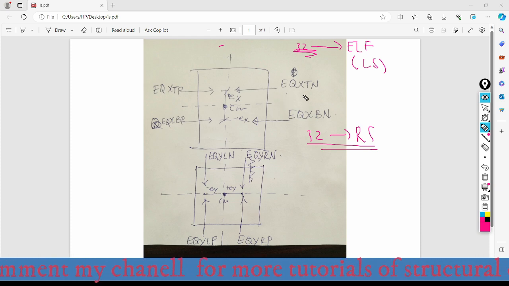for every axis by considering the eccentricity from the center of mass. They designate the linear static or the RZ cube forces as RZ cube x top from the center of mass, in the positive direction, and the other is the RZ cube load in x direction at the bottom, also in the positive direction.